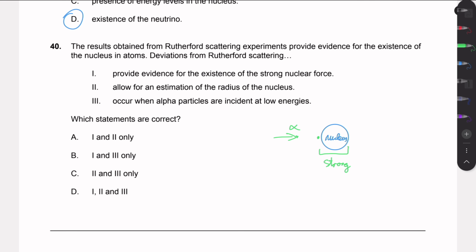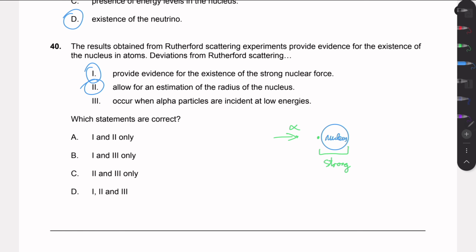So the first one is correct, as that's why we have these deviations. And it also allows for an estimation of the radius of the nucleus, as if we know how much energy we had to shoot the alpha particle at to achieve this deviation, then we can calculate the distance of closest approach, and therefore the nucleus radius as well.